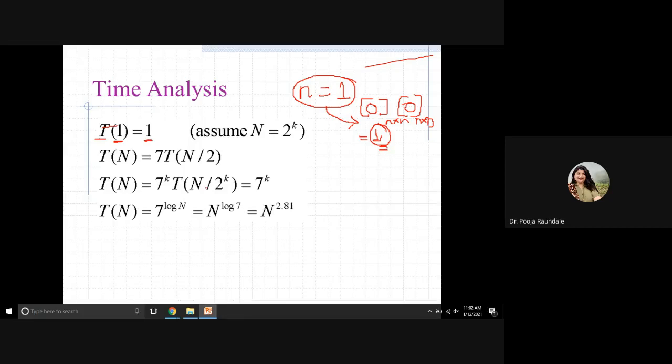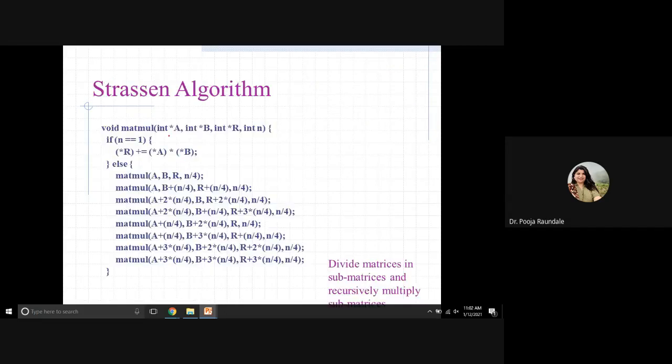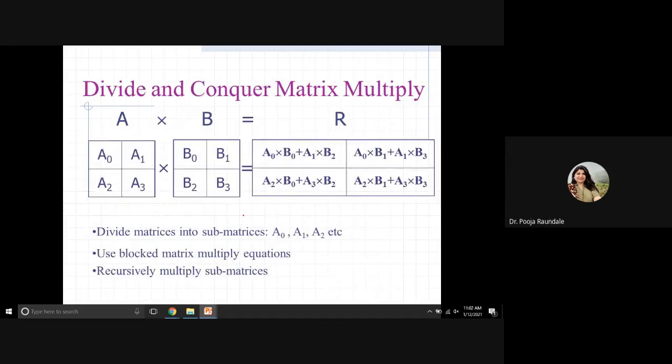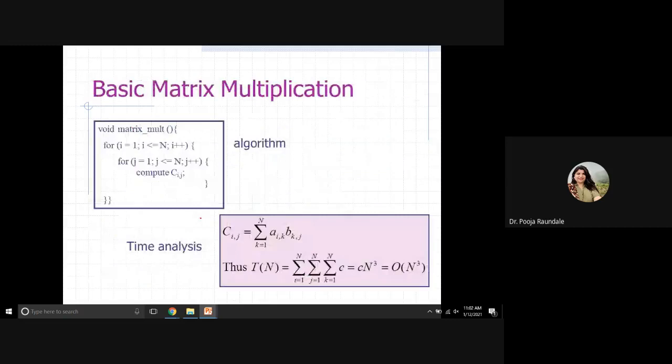Now, we have already seen that for brute force matrix multiplication, it is n cube. Because this is how you implement matrix multiplication: C of ij is A of ik into B of kj, where k varies from 1 to n, right?